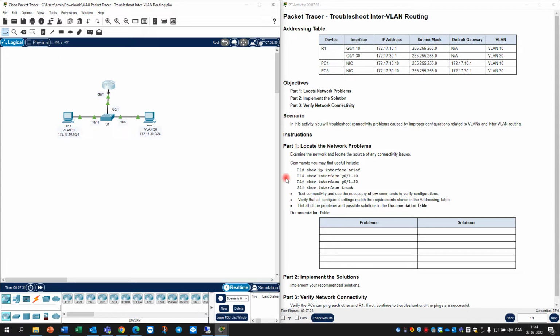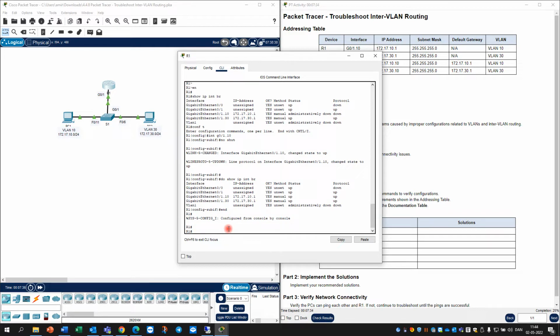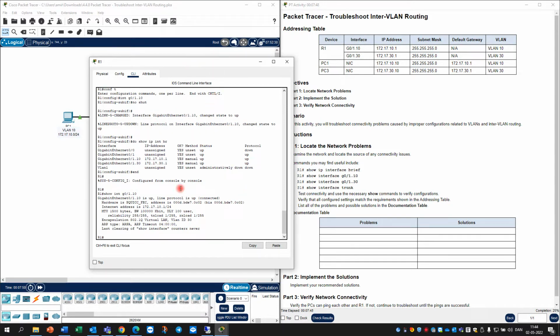Another problem: show interface G0/1.10. You can come back to privilege mode and show the interface. You can see gigabit 0 is up now, and the network address is correct, and it's VLAN 10, but encapsulation dot1Q shows VLAN ID 30, and it's a problem.